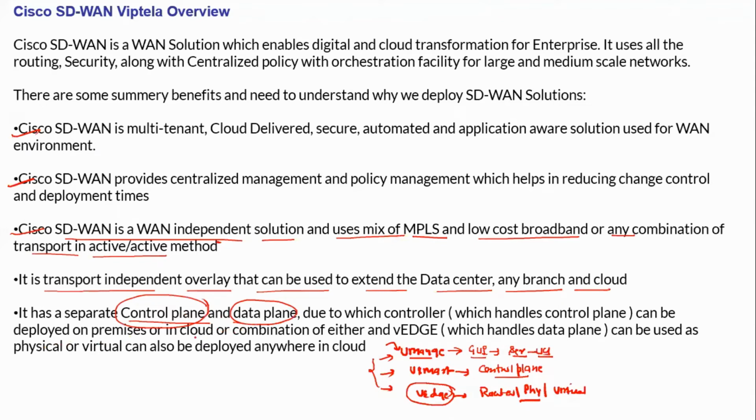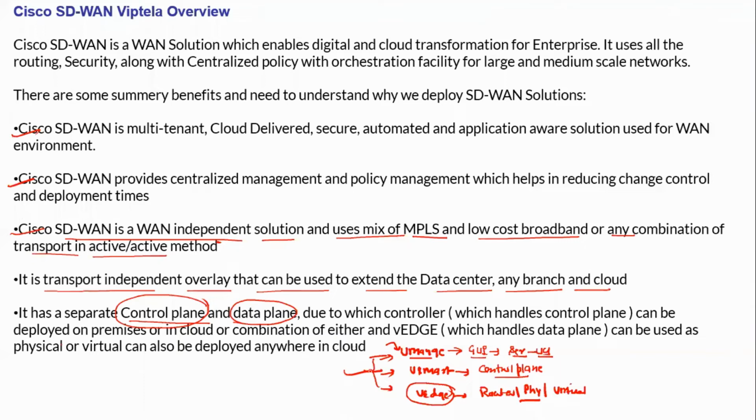And this vSmart and vManage can be deployed on a cloud or they can be deployed on-prem. So if you have a data center, you can deploy it. The main important thing is that they should all be able to reach each other. As long as there is reachability, it will work properly.